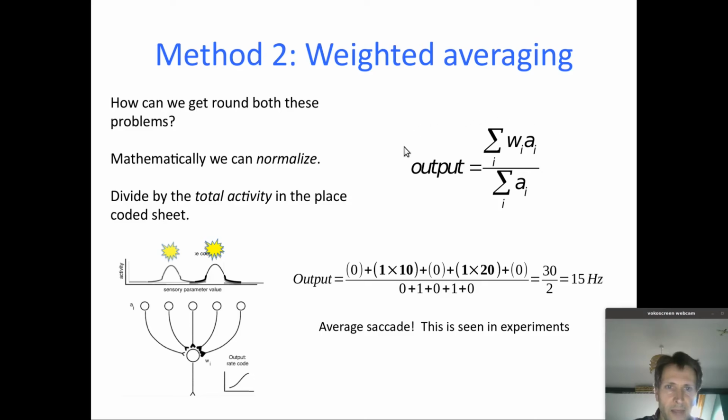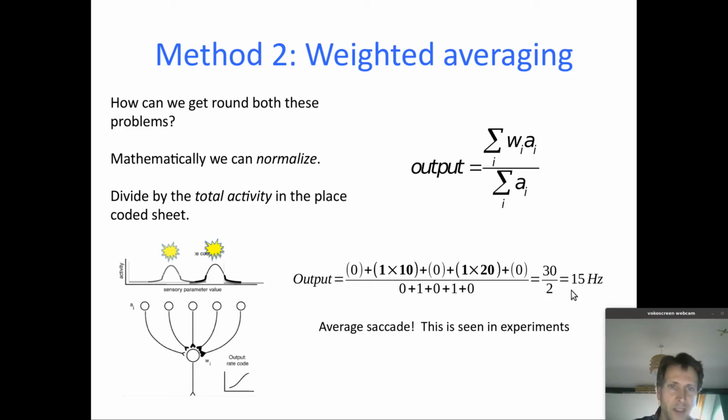If we apply that to generate the output of a weighted average system, imagine we've got our two stimuli at 10 degrees and 20 degrees. Our output is 1 times 10 plus 1 times 20, which is 30, divided by the sum of the input luminances, which is just 1 plus 1, which is 2. The final result is a 15 Hertz rate.